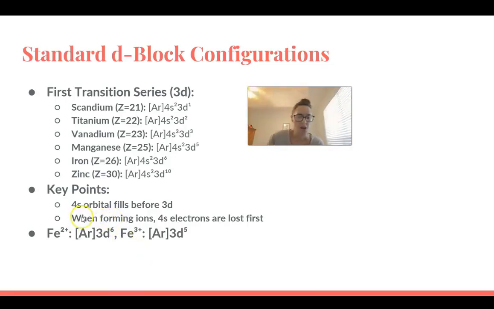So for example, iron's configuration is 4s2 3d6 normally, but if you have an iron 2 plus ion, those electrons are going to be lost from this 4s. So instead, it would just be argon and then 3d6. You don't have to write 4s0, you can just remove it entirely if the sublevel is empty. And then for iron 3 plus, it would lose from the 4s sublevel, as well as then the third one is taken from the 3d sublevel. So it would just be argon 3d5.